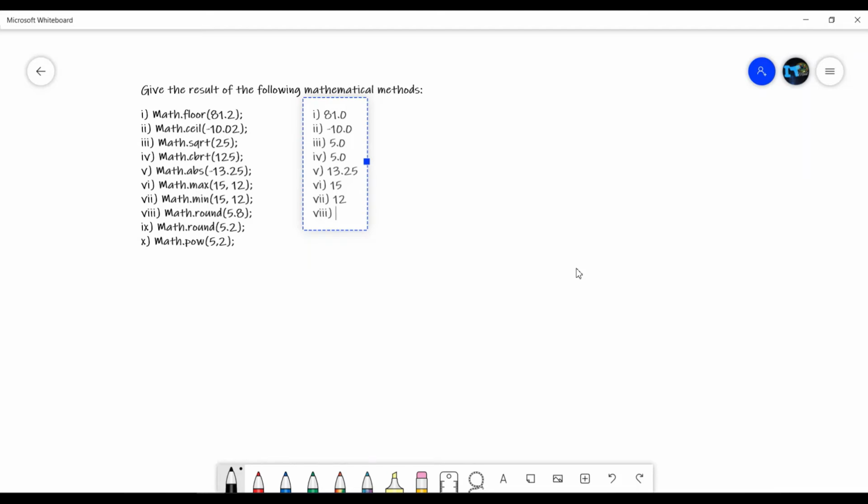So what does the round method do? In the round method, it converts the number to the nearest whole number integer. In this case, Math.round(5.8) means the nearest integer to 5.8 is 6.0. So it rounded up the value to 6.0.